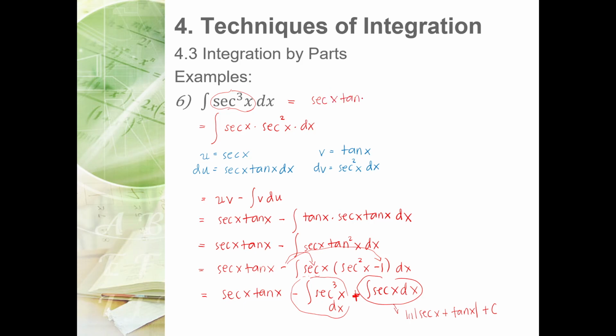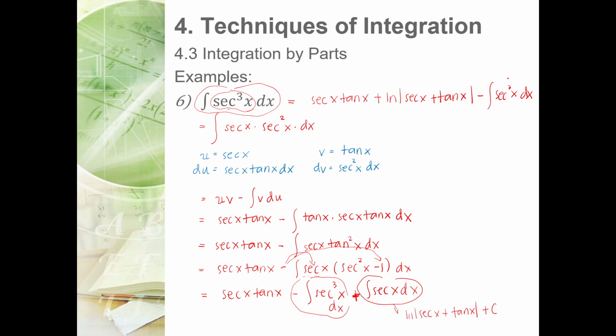So secant x tangent x, then let's say plus ln of secant x plus tangent x, and then the integral of secant cube x dx. So what you need to do here, since the given is on the left side, the right side is the solution, right?